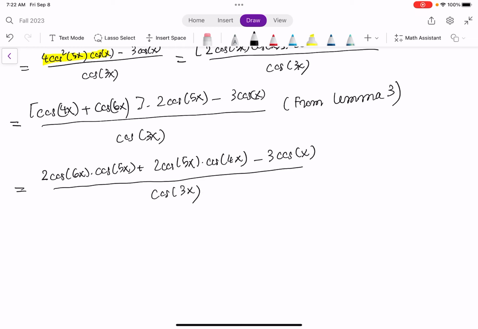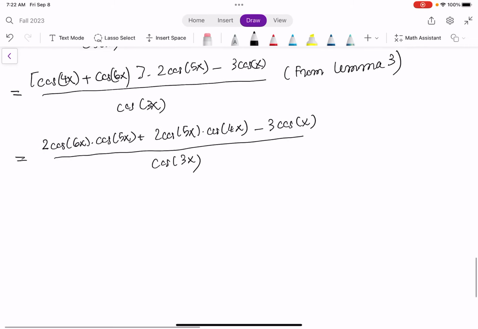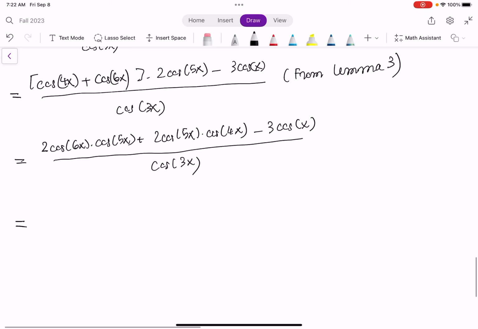All right, you see, we get another multiplication of 2 cosine. We can use lemma 3 again. So cos 6x and cos 5x, what's that? So it's cosine of 6x plus 5x, so it's 11x, right, plus cosine of 6x minus 5x, which is x.